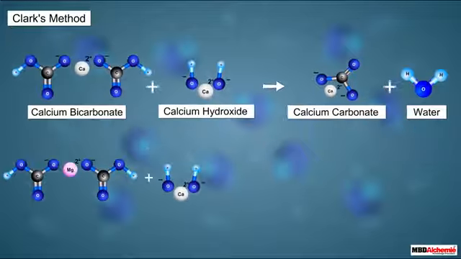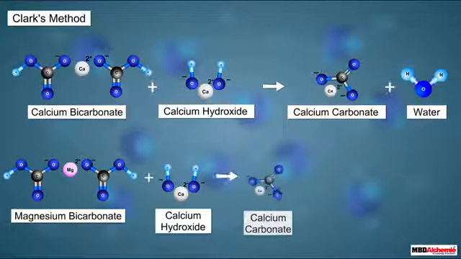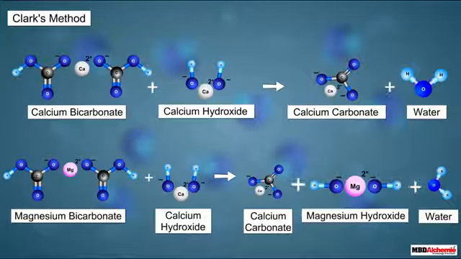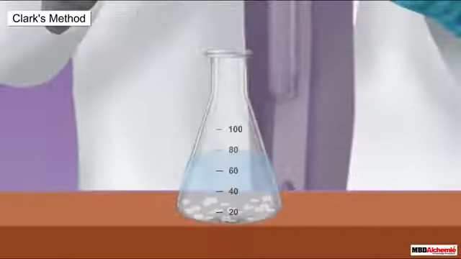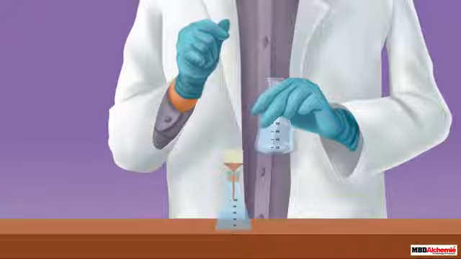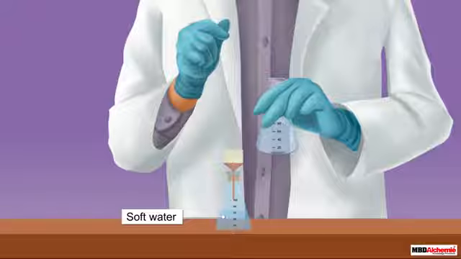At the same time, lime also reacts with magnesium bicarbonate to form calcium carbonate, magnesium hydroxide and water. The resulting salts, calcium carbonate and magnesium hydroxide, as you already know, do not dissolve in water and thus form precipitates. And once the precipitates are removed by filtration, the water no longer remains hard.